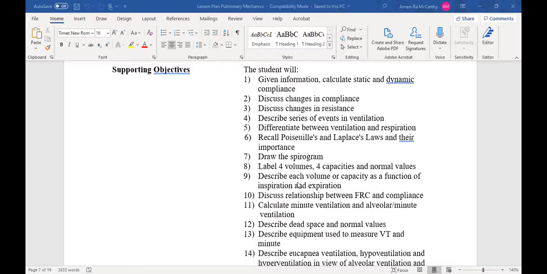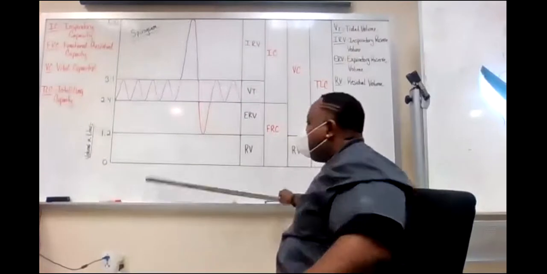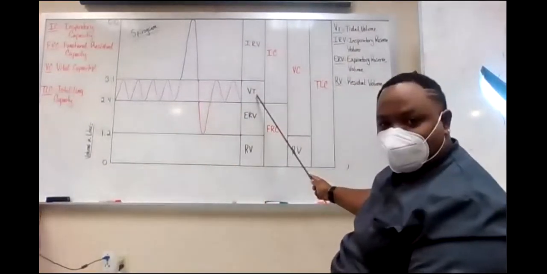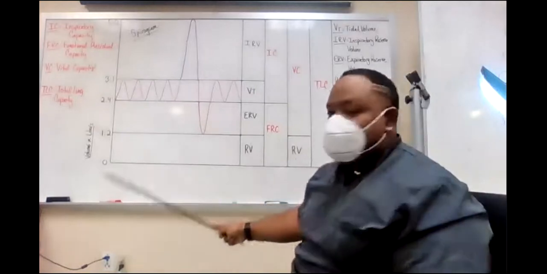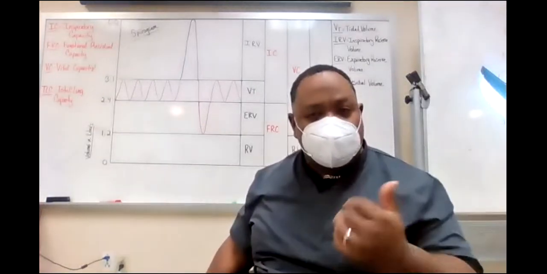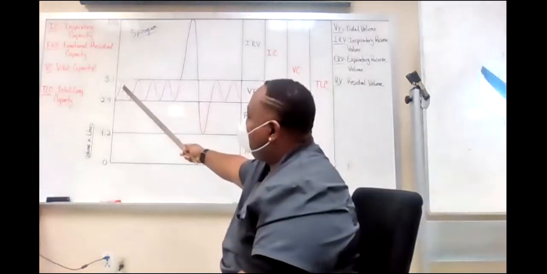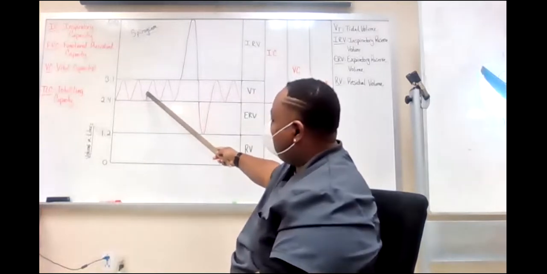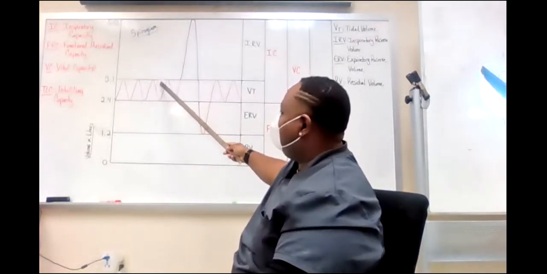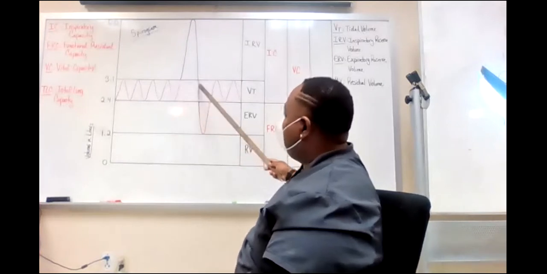All right, number 9. Describe each volume or capacity as a function of inspiration and expiration. That is kind of like the definition. For example, the definition of tidal volume, VT, is the amount of air that is moved during normal, quiet breathing. Normal in, normal out.